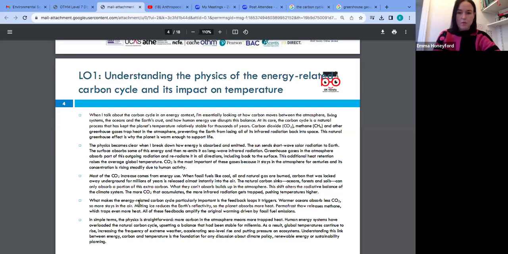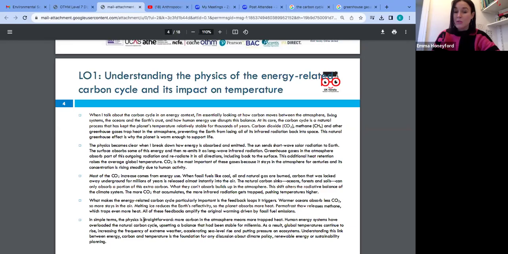So what makes the energy-related carbon cycle particularly important is the feedback loops it triggers. So warmer oceans absorb less CO2, so more stays in the air. So it means that it has a knock-on effect that we then are losing the oceans for that storage for CO2.